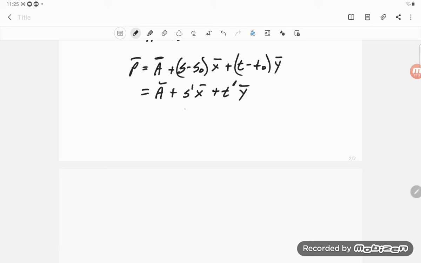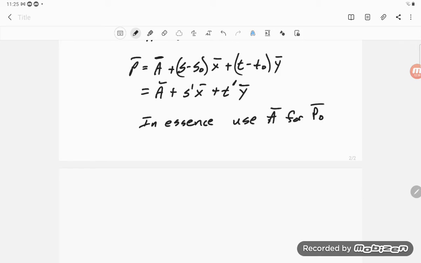And then what they're saying is, well, then, in essence, use A for P0.